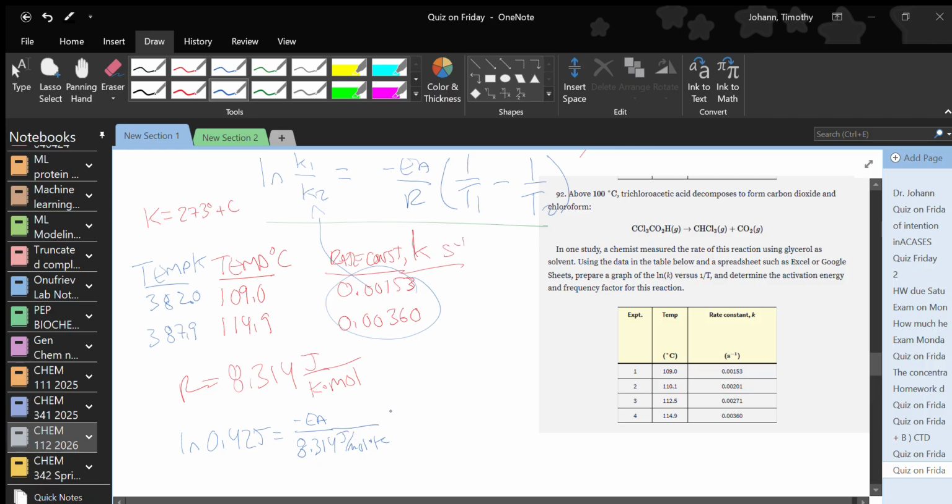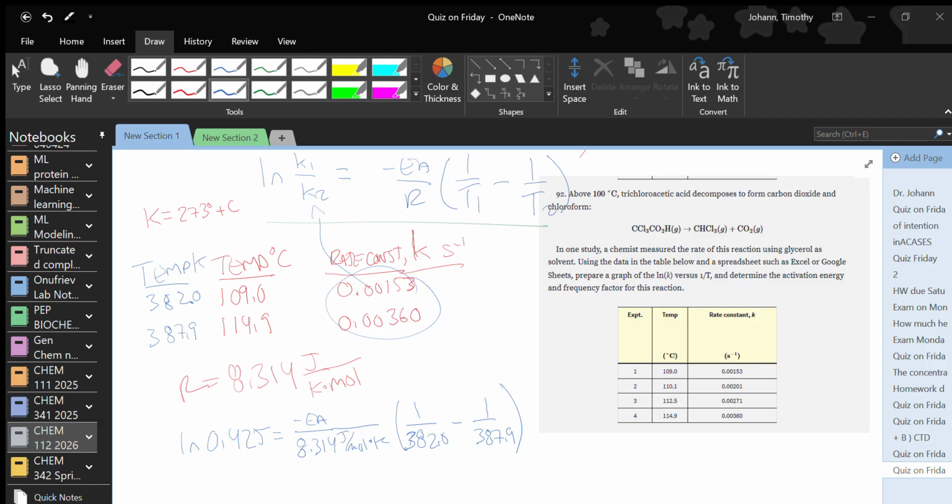Okay, and that's going to be times 1 over my first temperature, 382.0, minus 1 over 387.9. In my calculator, I'm going to subtract these two, and then divide what I get by that.